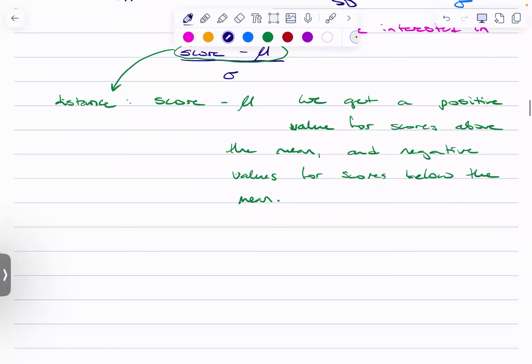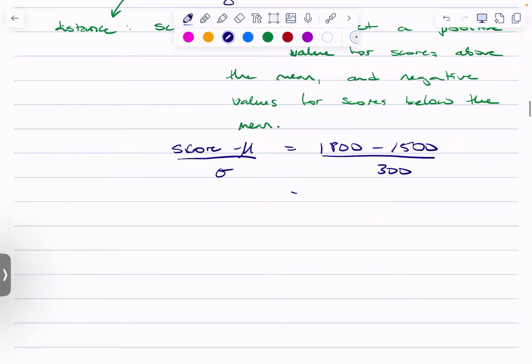So if we take the score minus the mean and divide it by sigma, I get her score of 1800 minus 1500 divided by 300. Bust out your calculator, don't do it in your head. Well, maybe 300 divided by 300 you can do.